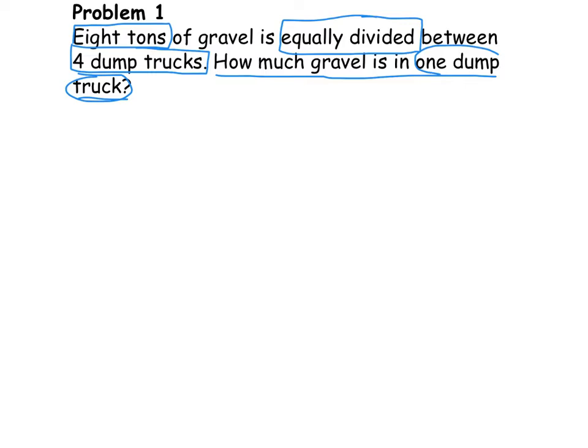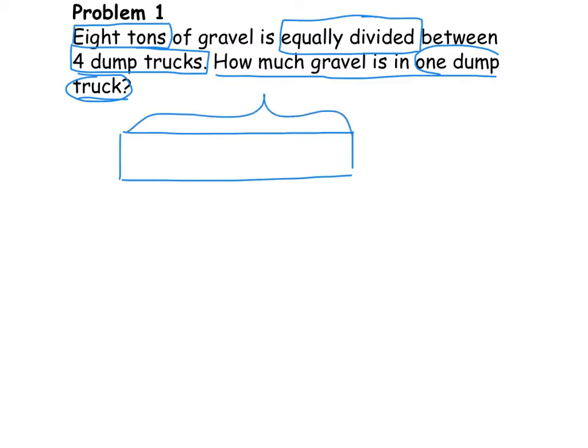So, like they said, we're going to model these with tape diagrams. I know you guys are so excited. So I know my total was 8 tons of gravel. So I have 8, and it says equally divided between 4 dump trucks.